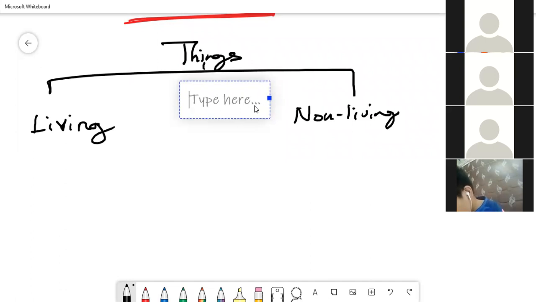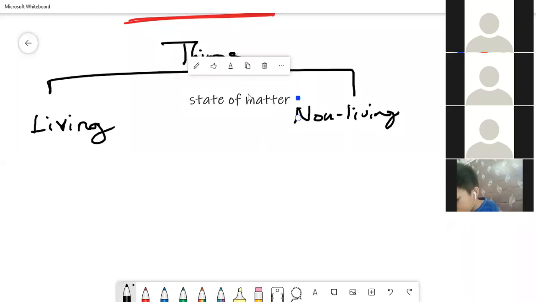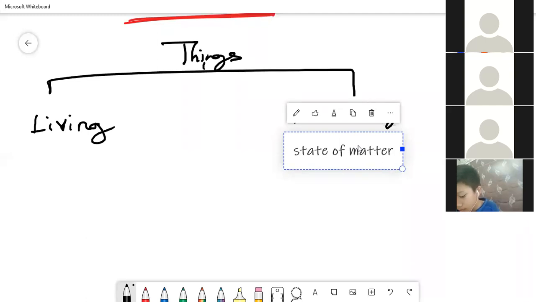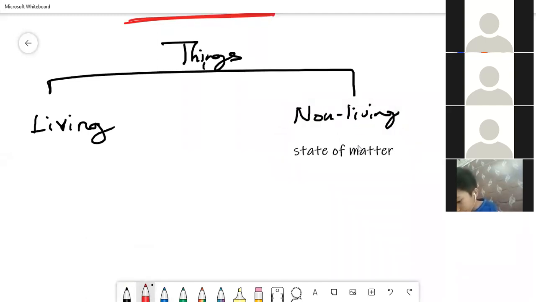So number 1 here, we can classify the state of matter. Okay, I will explain that one. Non-living things, over here, we can classify them. You put a red line to classify state of matter.